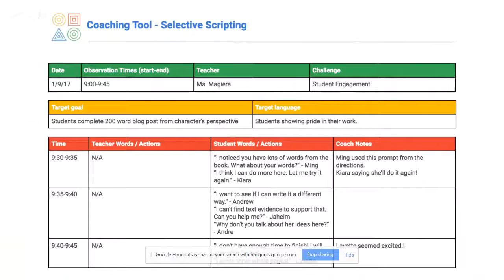It's literally the administrator taking it down. And then afterwards, from whatever data is collected, it's really important that the teacher and the administrator come back together to debrief in a conversation where the teacher can analyze the data and figure out together what some next steps might be.